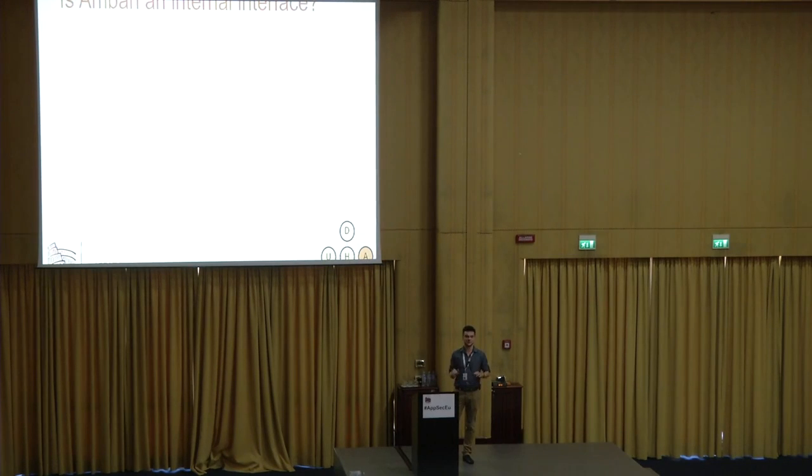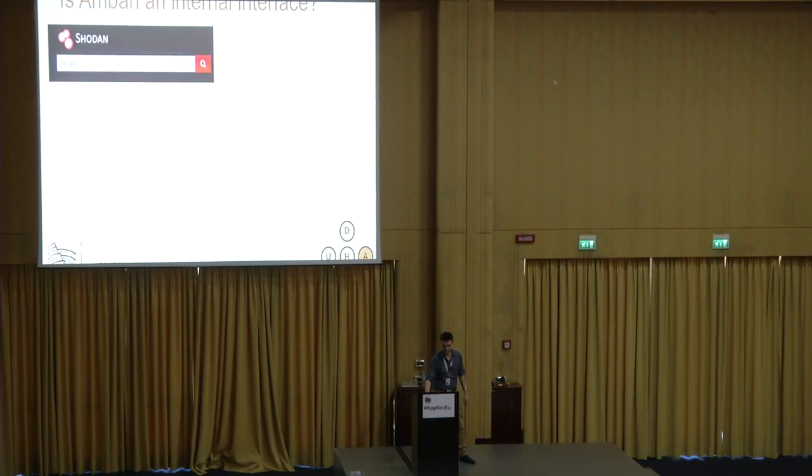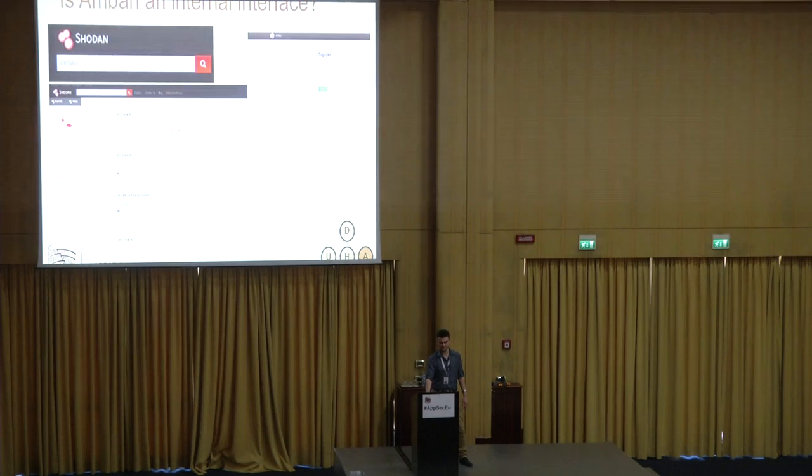Now, it definitely should not be an external interface. But if you look on Shodan, maybe you cannot see it, but there are maybe not hundreds, but at least tens of Ambari interfaces publicly accessible from the internet. And you can actually try to log in and brute force the password, because usually the admin username is admin.